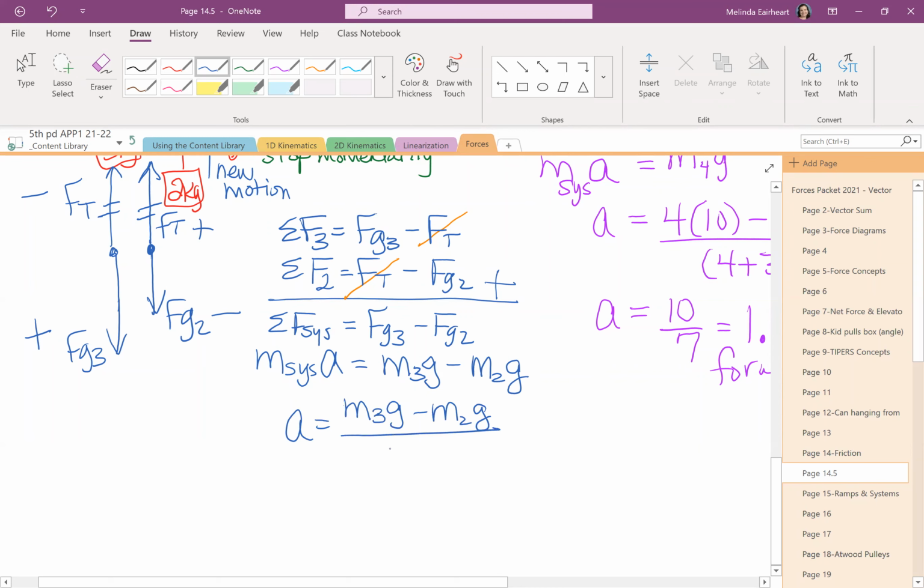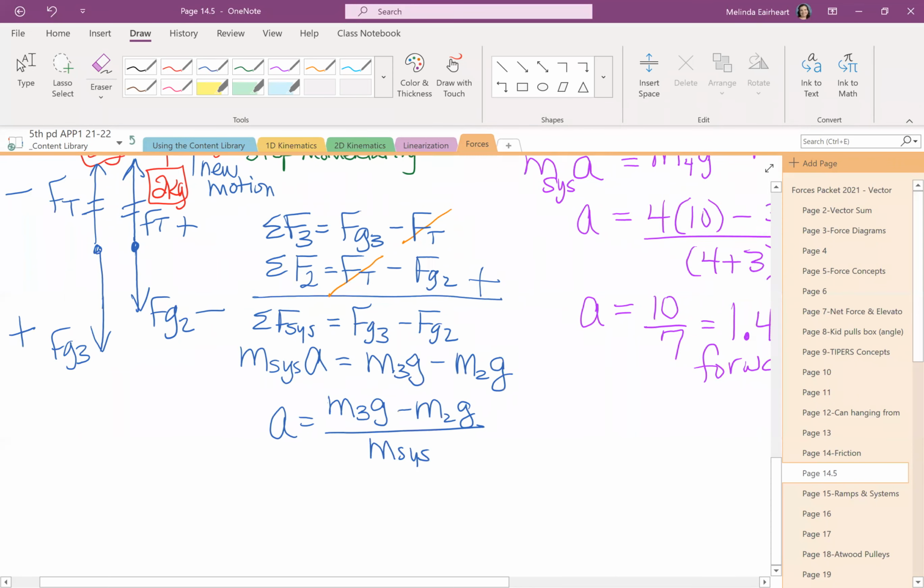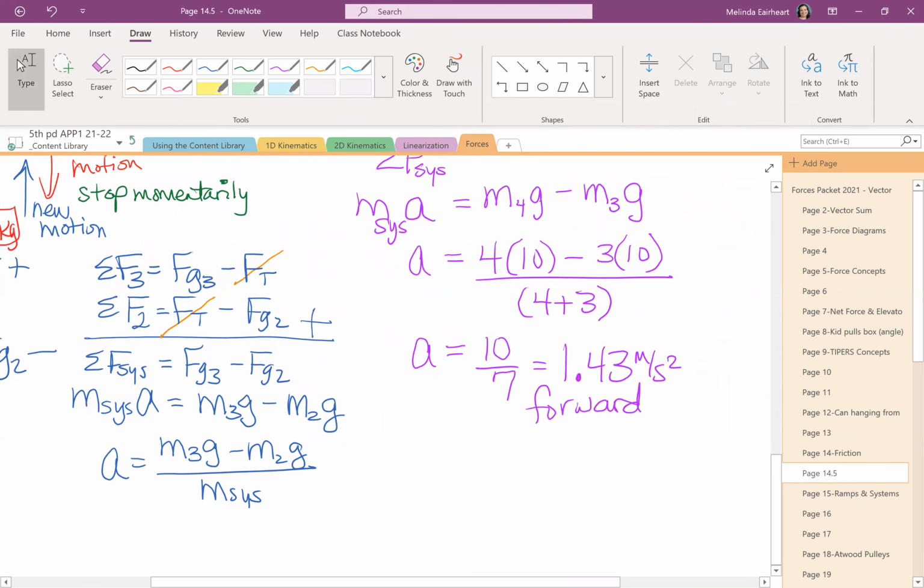So it's the difference in the weights divided by system mass. Now, before I plug numbers in, it's kind of what we did originally, right? We had M4G minus M3G. We're still going to have a difference on the numerator of 1 times 10.